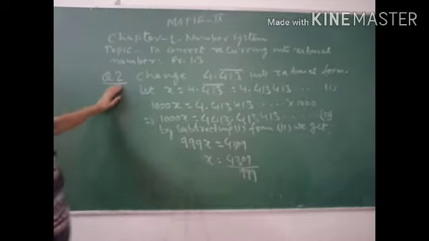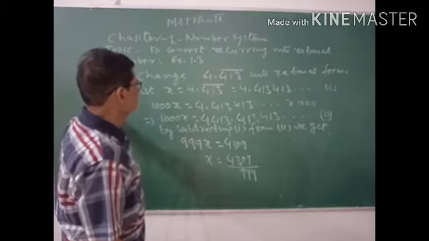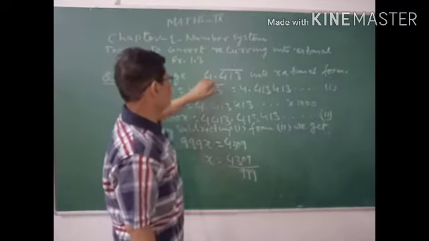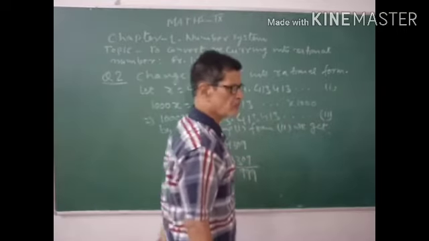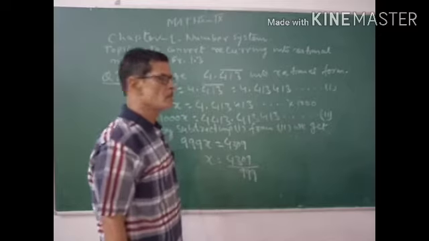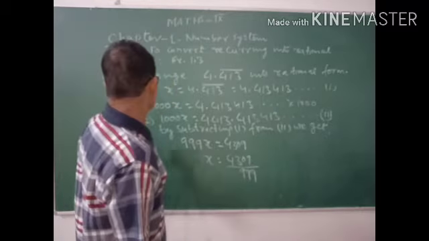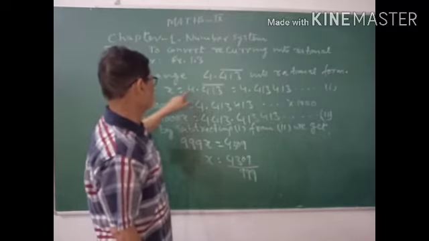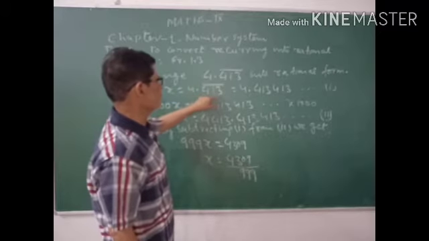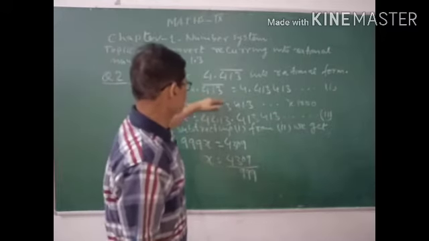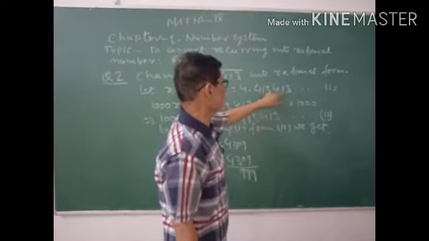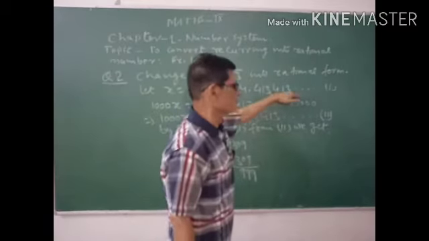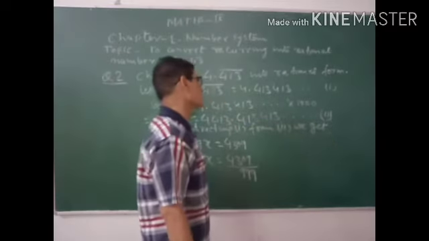Now come to the second example. Change 4.413 recurring into rational form. Means you have to change it into fraction form. So let us consider x equal to 4.413 recurring. This can be written as 4.413413. The same three digits will repeat again and again.